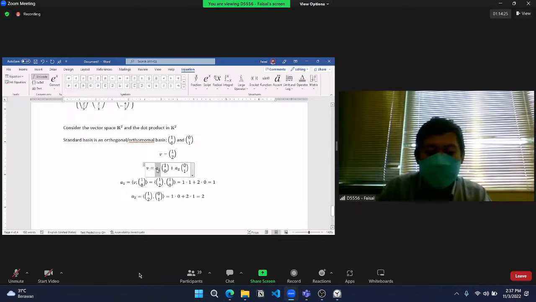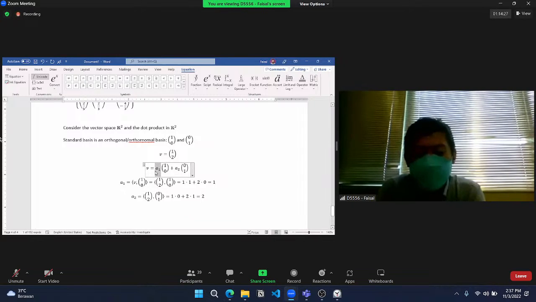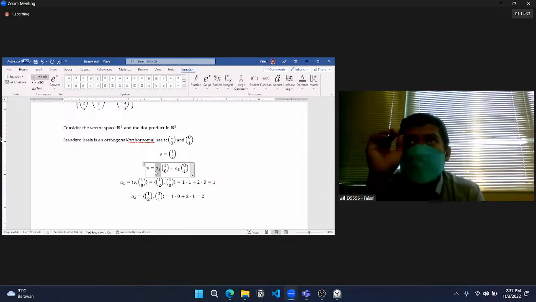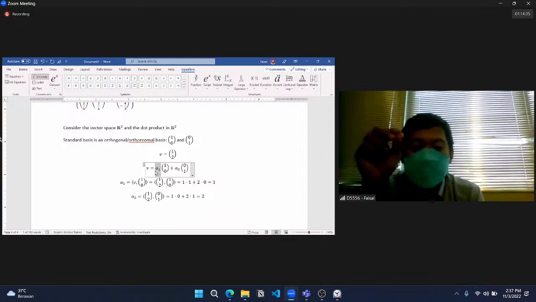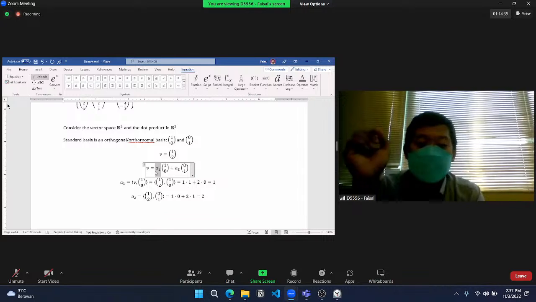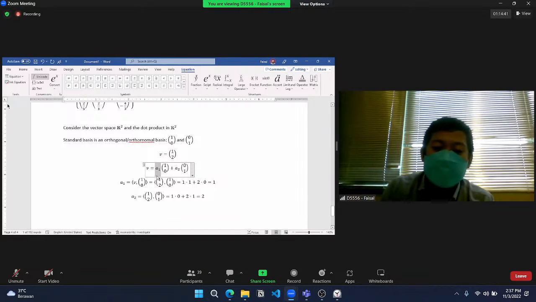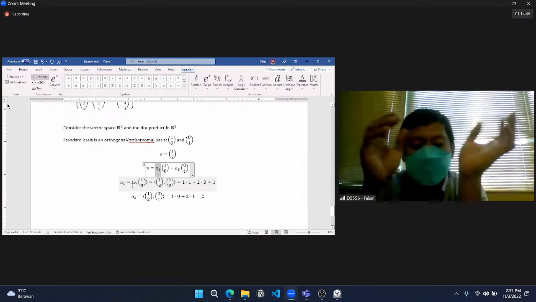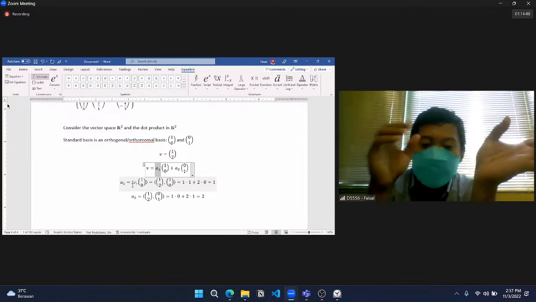So A1 is 1 and A2 is 2. So this is how we find the scalars if the basis is orthonormal. Just compute the inner product between the vector and the vectors in the basis.